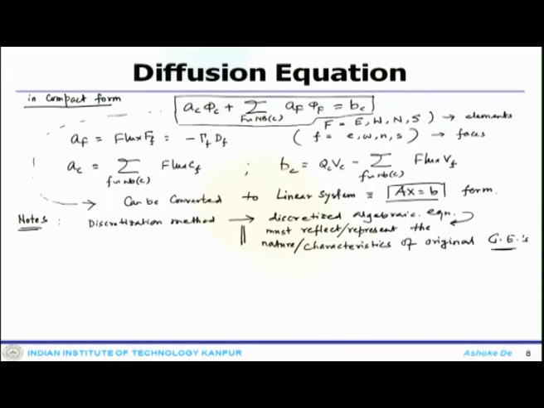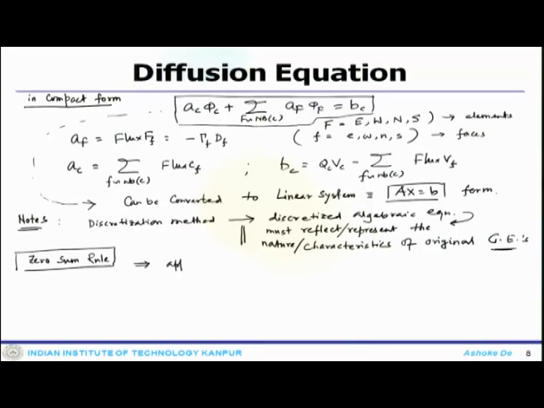Okay. Now, once we have that note, we can look at some other information, like the sum rule, or zero sum rule. Okay. So, what does it say? It says that one of the major approximations, what was the major approximation in our discretized system?